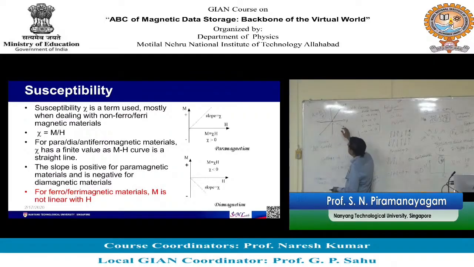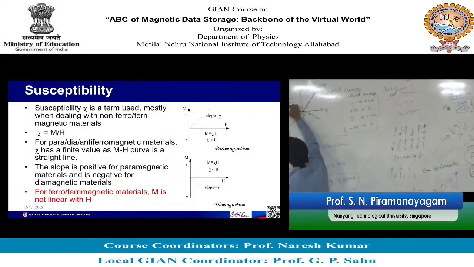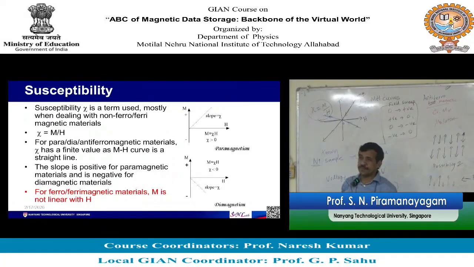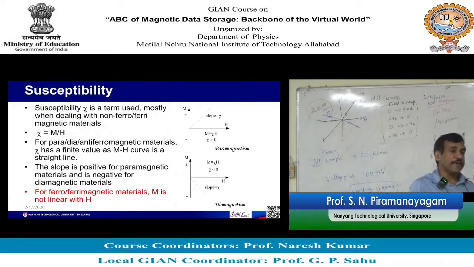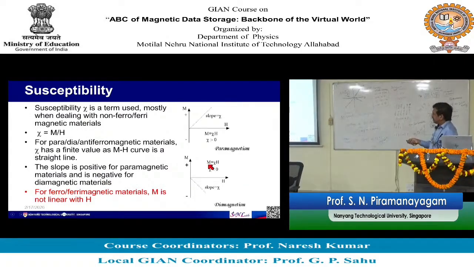It will go in a negative direction. Then if I go back to 0, it will go back along the same line, then again it will go like this. So, go up, then again come back. Diamagnetic materials have a negative slope. So, we can say they have a negative susceptibility.